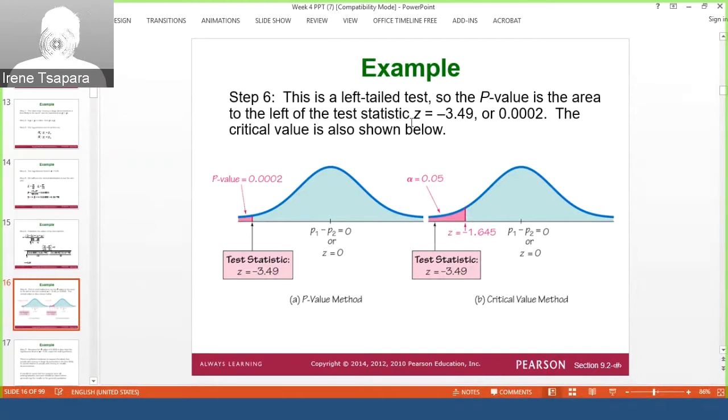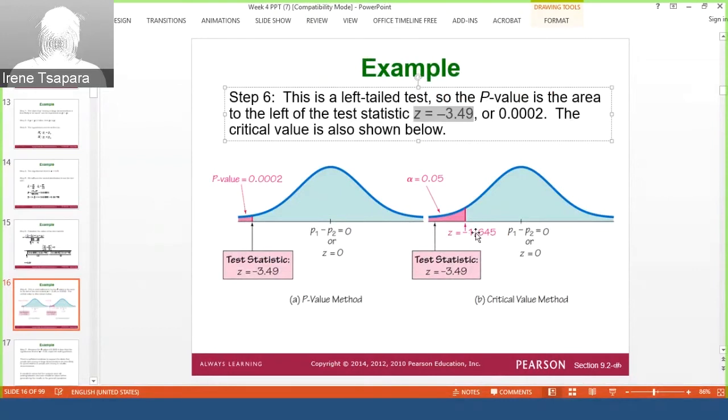Now, if you want to run the same test with a critical value, instead of calculating the p-value for the test statistic, you will find the corresponding z-score for the alpha. The alpha was 0.05. The z-score for the alpha is going to be negative 1.645.